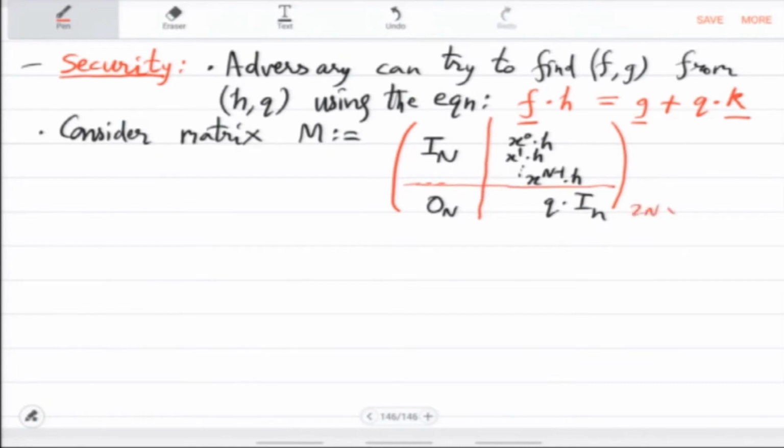The rows in the top right part: the first row is just the coefficients of h, the second row is the coefficients of x times h, and the last is the coefficients of x to the n minus 1 times h. Remember that you are in the ring mod x to the n minus 1, so these are cyclically permuted rows. That's the matrix M.